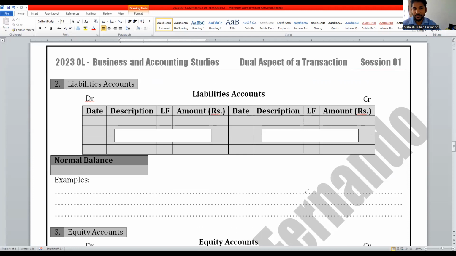Now tell me. In the debit side, what do we record? Is it increases of liabilities or decreases of liabilities? In the debit side of liabilities, what do we record, decrease or increase?